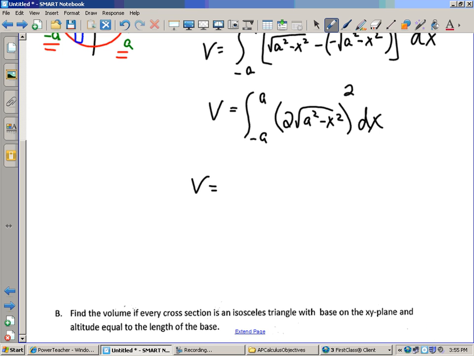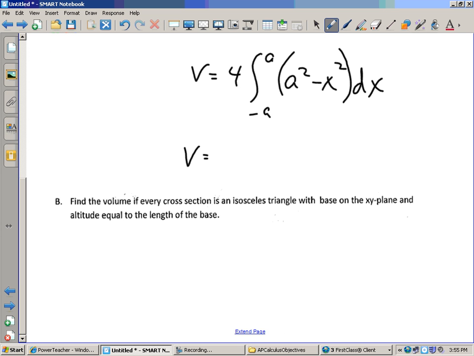So volume equals 4, negative a to a, a squared minus x squared. So finally we have this simplified enough to where we can take the antiderivative. Volume equals 4 times the antiderivative of a squared, which is a squared x, since a is simply a constant, minus 1/3 x cubed, going from negative a to a.